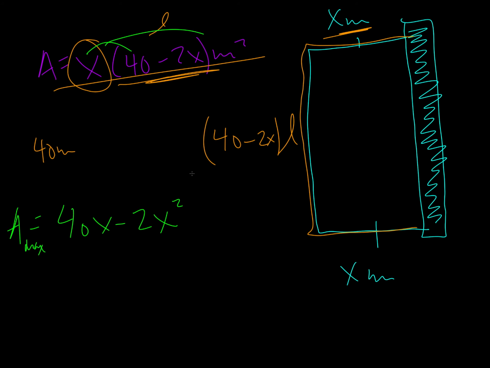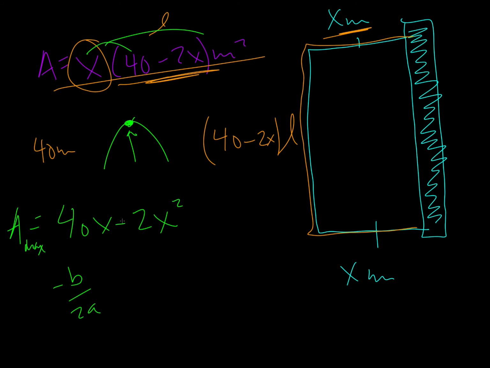Now, if we were to graph this, it would be an upside down parabola, and there would be a maximum. So really, all we need to do is figure out what that y value is right there, and that's going to be our maximum. So we're going to take this piece and do our negative b over 2a, because that'll tell us the x value that makes this the maximum.